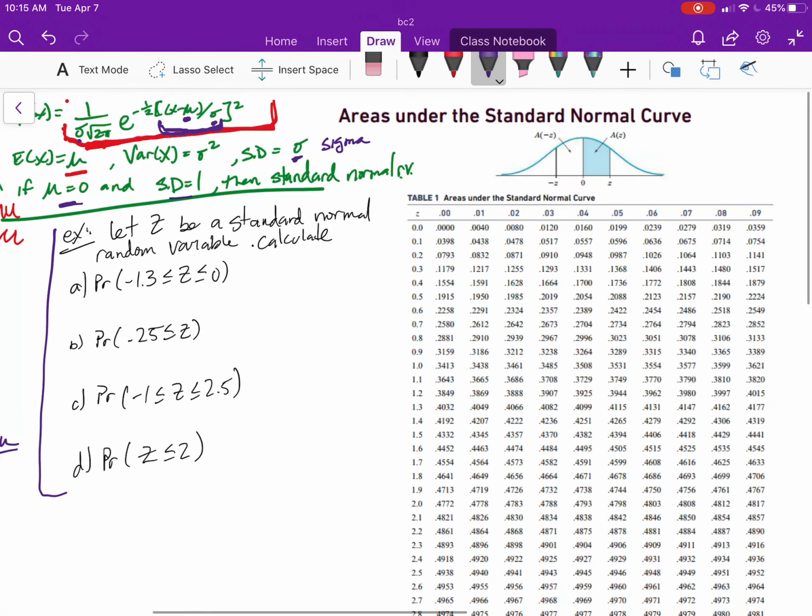So next, you will have this table, and it's talking about the area under the standard normal curve. So why? Because looking at that function, I don't want to integrate that, right? That thing looks hideous.